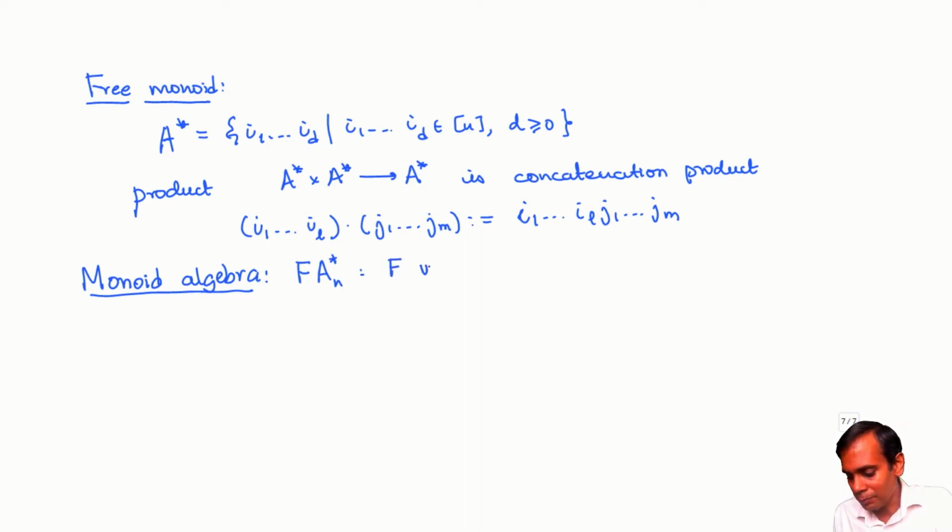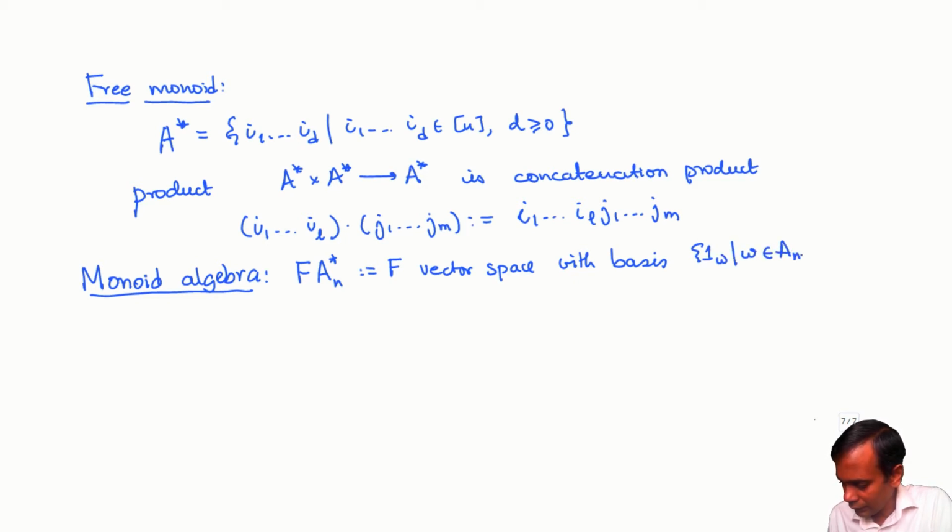This is an F vector space with basis 1_W, where W is a word in A_n star. So essentially the basis of this vector space is indexed by elements of the monoid A_n star. And addition is just the vector space addition, and multiplication is defined by bilinearly extending.